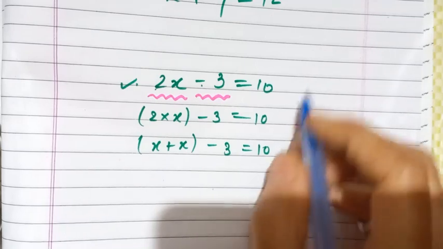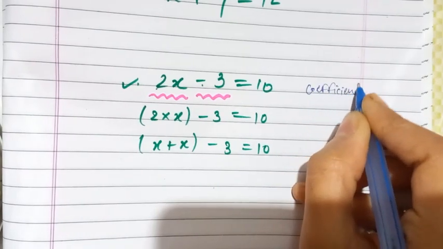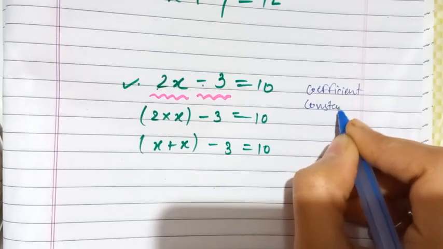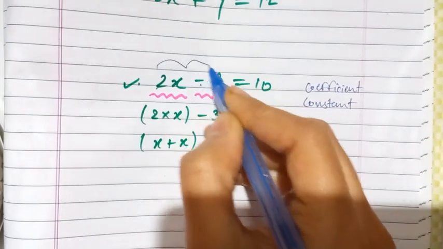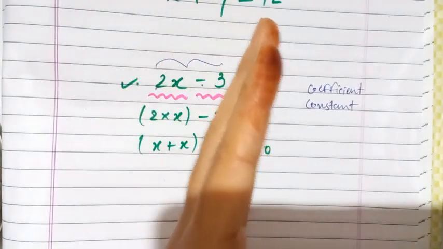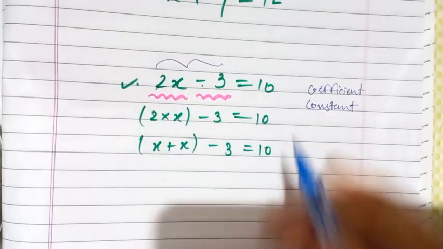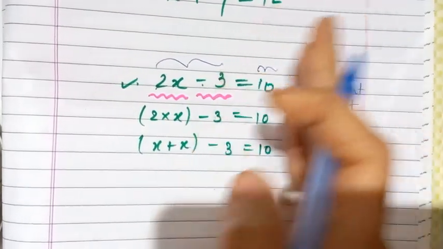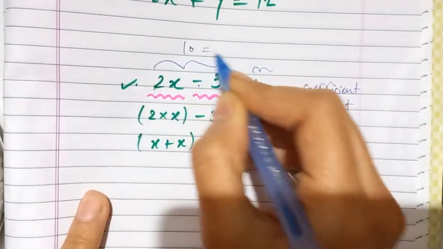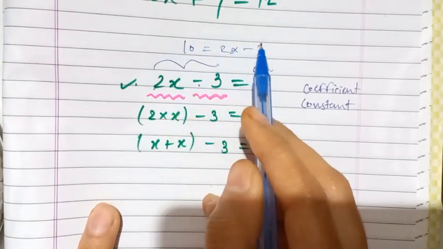So we learned what a coefficient is and what a constant is. This side is called the left hand side, because it is to the left of the equal sign, and this is the right hand side. If we interchange and write 10 is equal to 2x minus 3, then 10 is the left hand side and this is the right hand side.